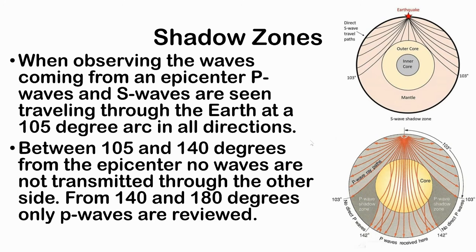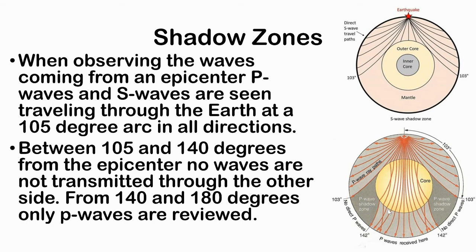From 140 to 180 is where we only see the P waves. So at the top, from 103, there's this big blank spot all the way down here, very blank. We see no waves. But in the middle, we do see the P waves, because P waves are the only ones going through.